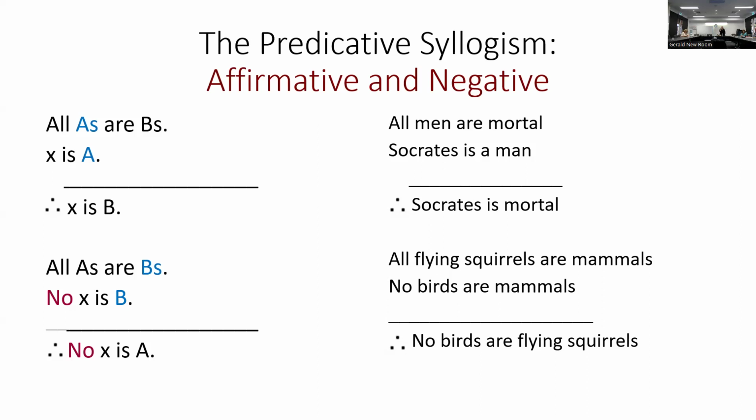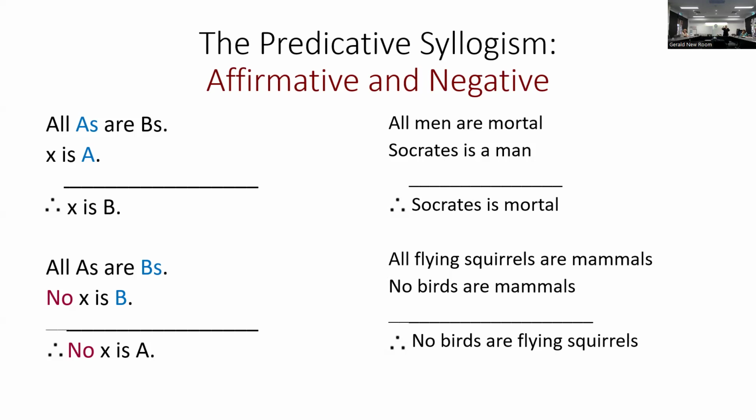The moment you start thinking about content, for example, all flying squirrels are mammals, no birds are mammals. Could you see why it's no B? Flying squirrels, A, are B, mammals.